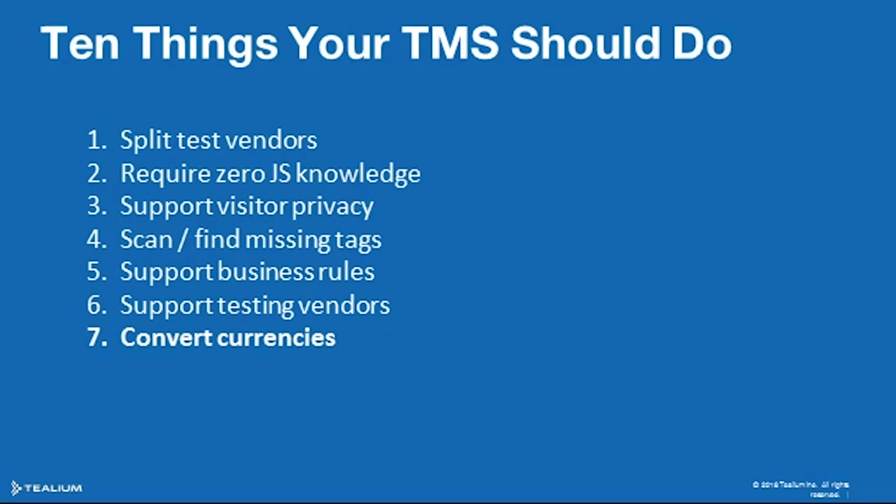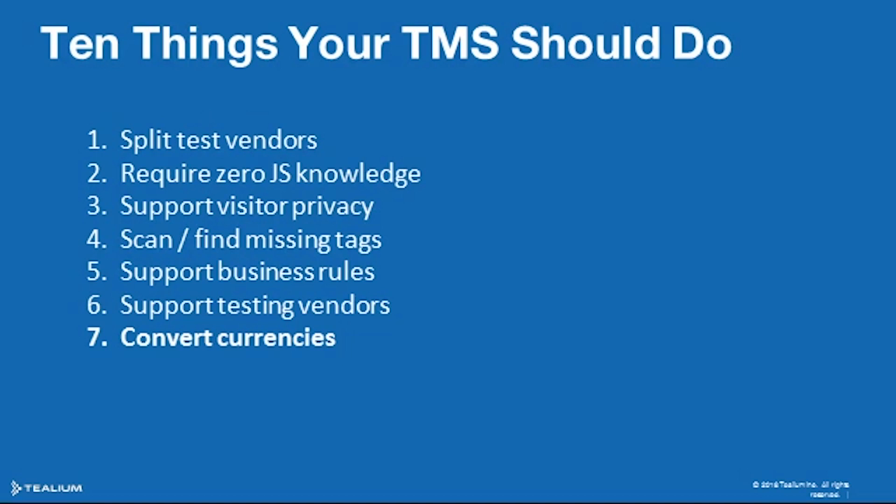The next, and this is an interesting one, and this is where I think you sometimes don't recognize that a tag manager can help to solve maybe shortcomings or nuances that exist with different technologies. And this is around something like converting currencies or making changes from data on your page and transforming it before it goes to a vendor.